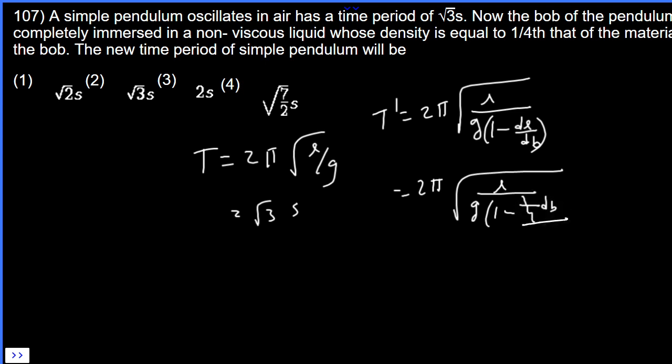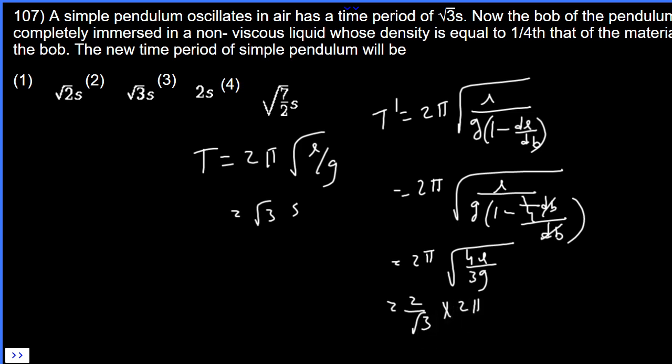After simplification we get 2 pi into root of 4L by 3G. That is 2 by root 3 into 2 pi into root of L by G. 2 pi into root of L by G is equal to root 3, so root 3 gets cancelled. We get the option 2 seconds.